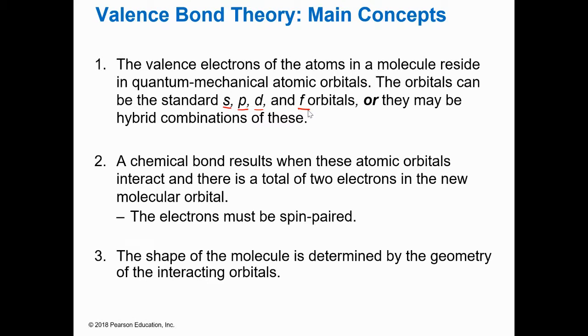And there will be, which we're going to do in a few minutes, a hybrid combination of these. What do I mean by that? Well, they're literally going to hybridize into one bond. So if you remember, S was a sphere, P was that figure 8, D was the 4-leaf clover, 2 figure 8s put together, right?